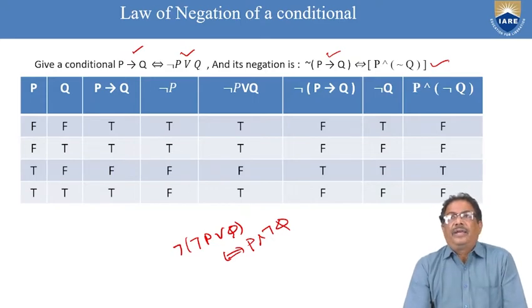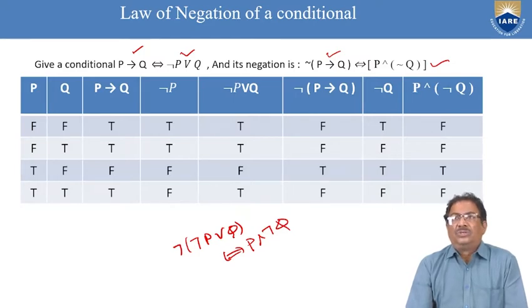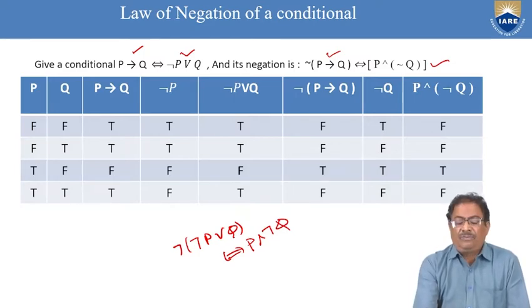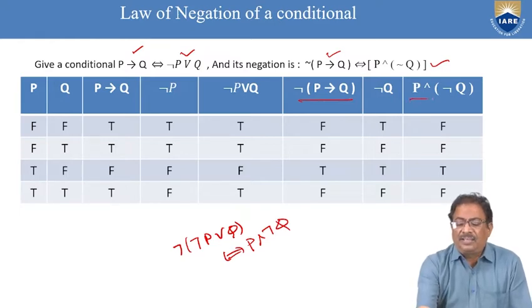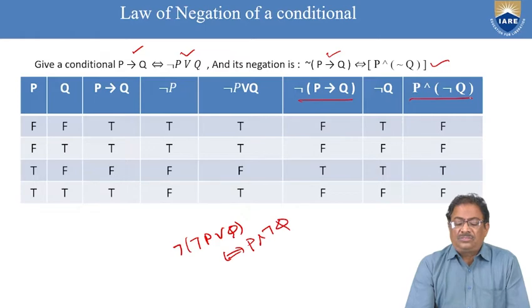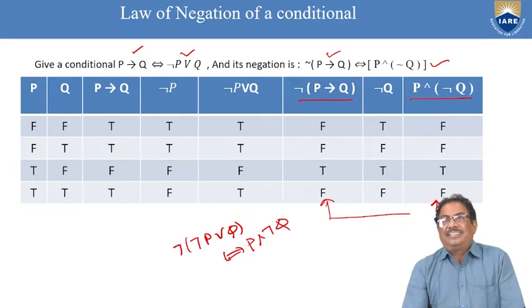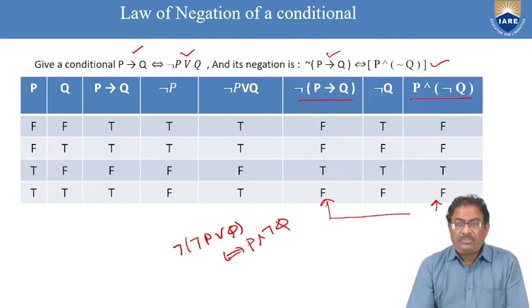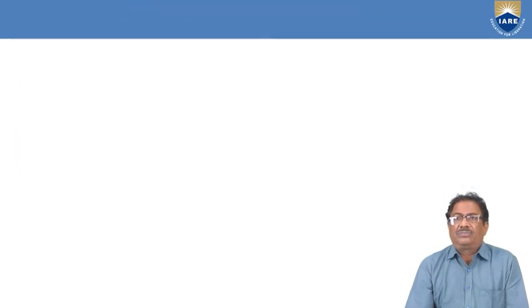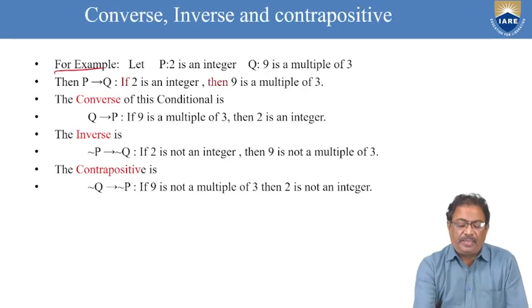Now we are going to verify the conditional and its negation. For that, first the truth table for negation of P or Q, and next the truth table for this one. If these two have the same values, then we can say that both are equivalent to each other.